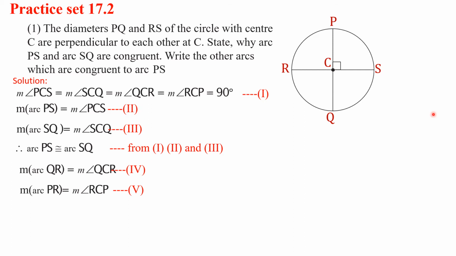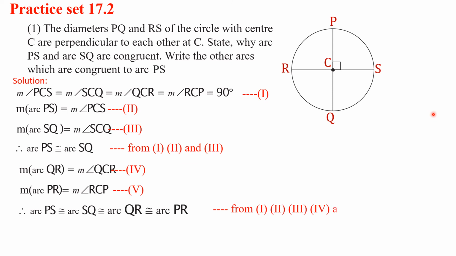We get arc PS congruent to arc SQ congruent to arc QR congruent to arc PR. Write down the reason from 1, 2, 3, 4 and 5. Complete this example in your notebook.